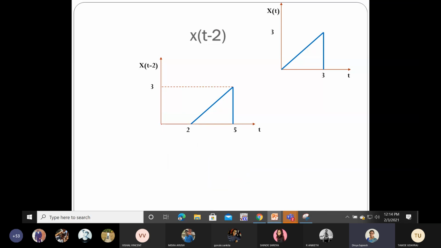By this much distance you are delaying the signal, you have shifted the signal. Okay, so the magnitude will remain the same. The position which was at origin has shifted to second position, and the one which was at 3 has shifted to the fifth position.